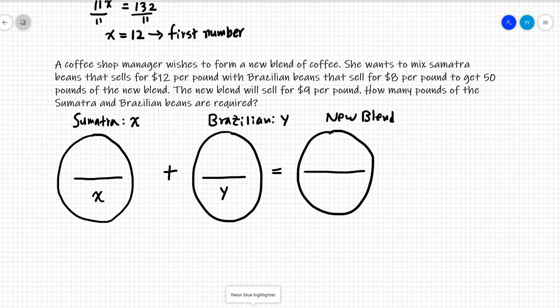So that's what it says, right? This is going to be 50 pounds. So I'm going to write 50 pounds. Now the Sumatra is selling it for $12 per pound. Okay, so I'm going to put the prices on top. $12 per pound. And the Brazilian is going to be $8 per pound.